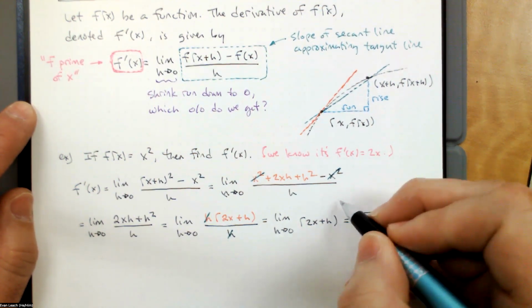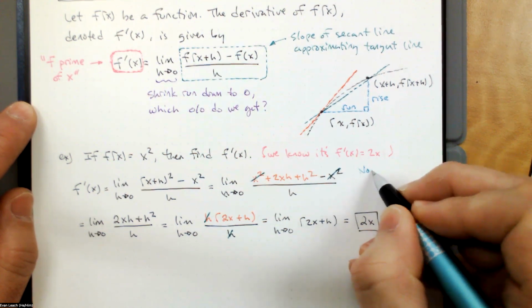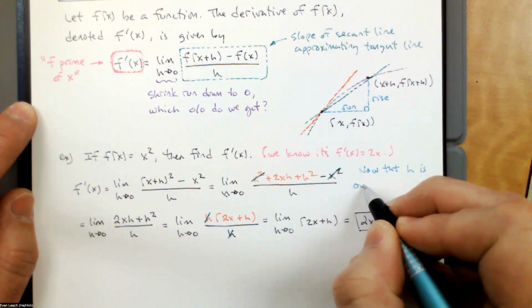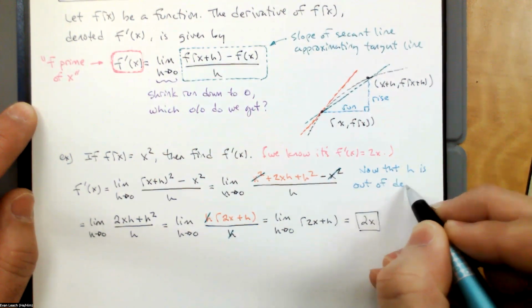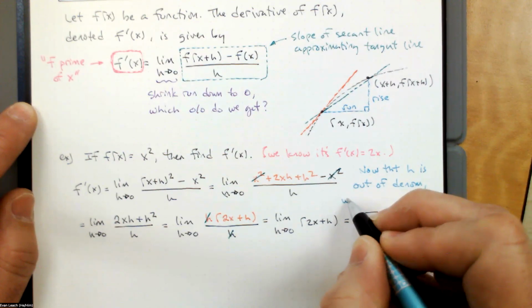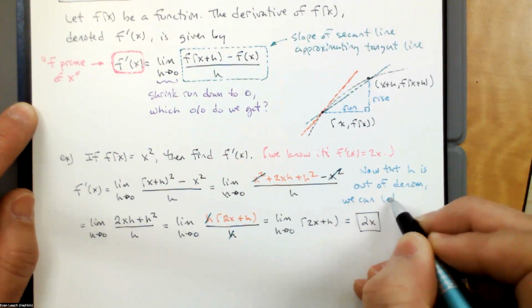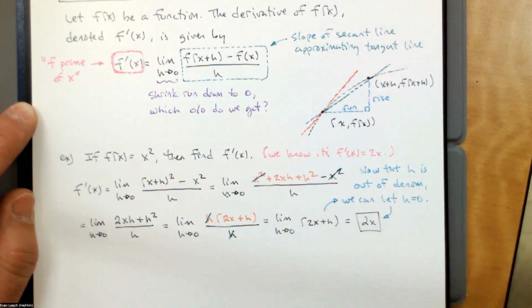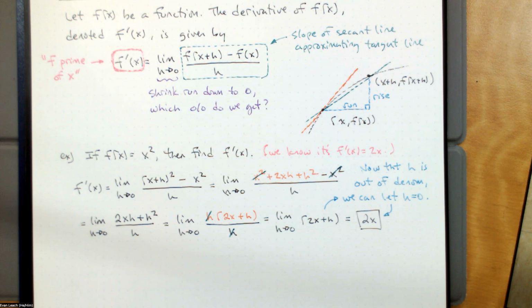At this point, now that h is out of the denominator, we can let h go to 0. So we just get 2x. Any questions?